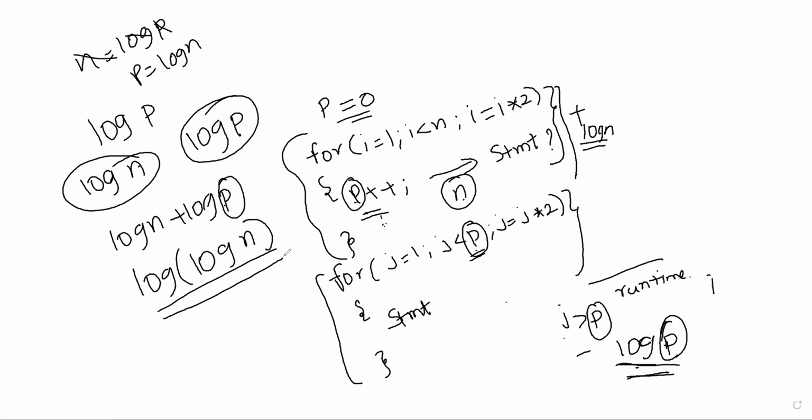It can't be log n plus log n, but you can express this p in terms of n and then substitute it. So it goes by log of log n. Clear?